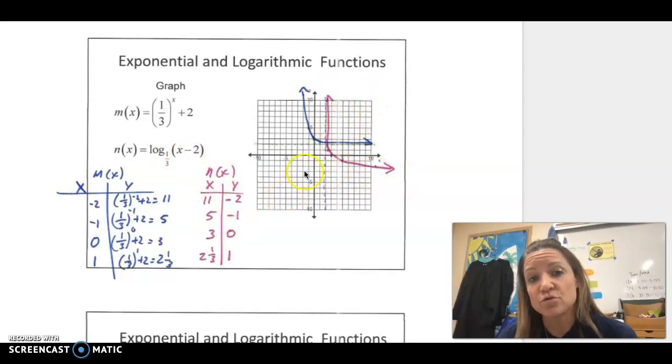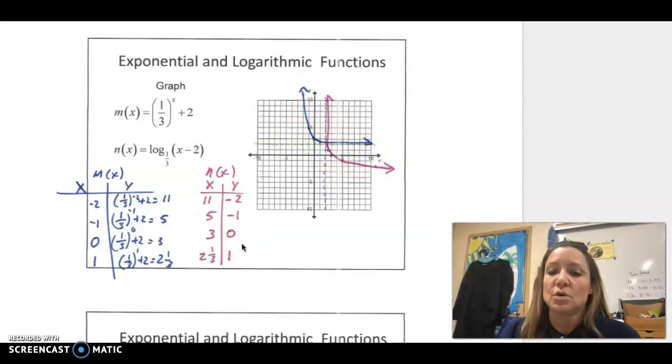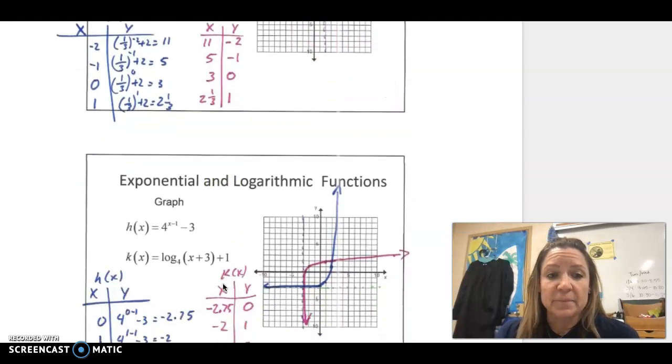And again, you could draw a line of reflection, and this piece is going to come over here, and this piece is going to come over here. You could type these into the Desmos graphing calculator and put them on the same graph, and you can see what that graph's going to look like.